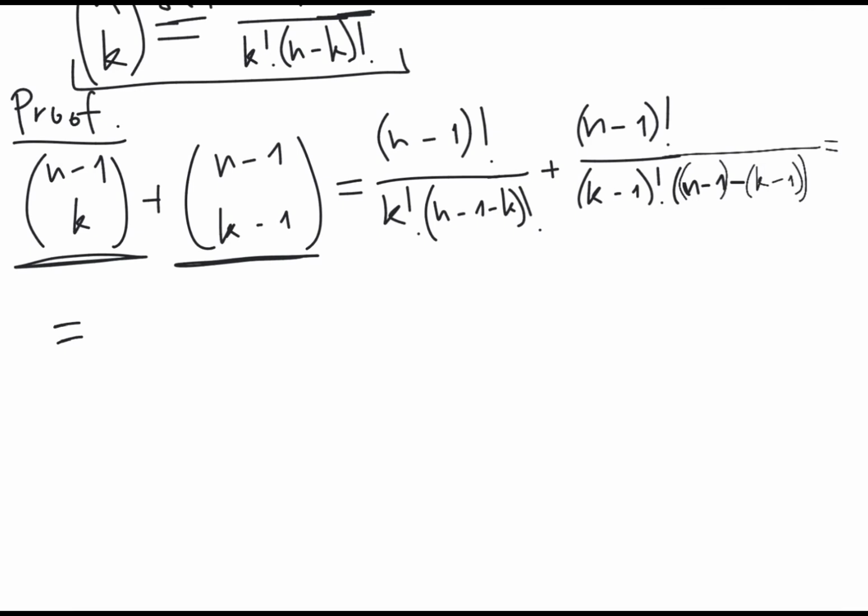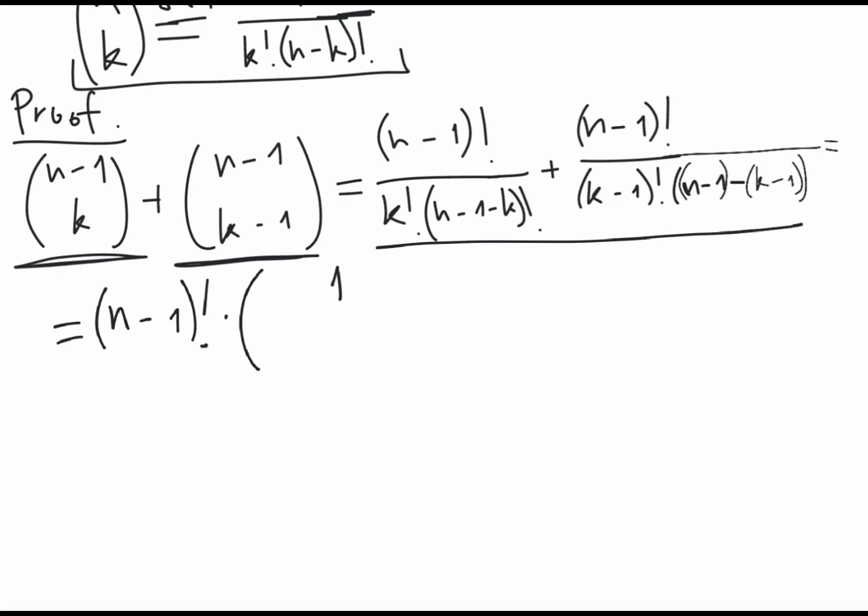so now we notice that we have the same factor in the numerator, right? So we can write it this way: n minus 1 factorial, multiplied by the sum of these two fractions, right?